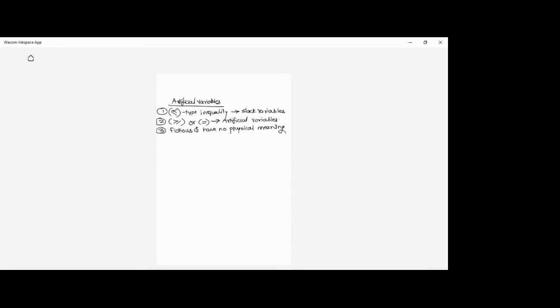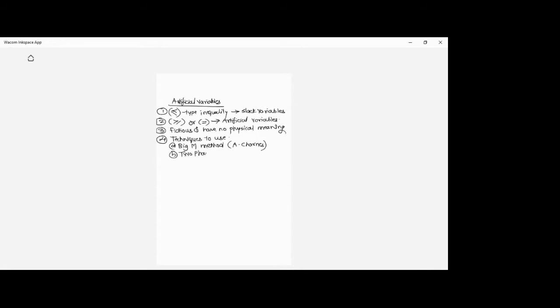Now the artificial variables can be used in two techniques. The techniques to use are two. The first one is the big M method, and this particular method was developed by A. Charnes, and we have the two-phase method, right?